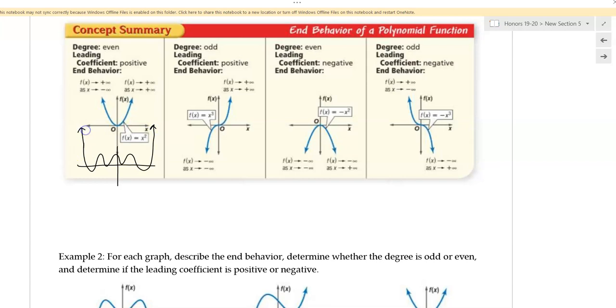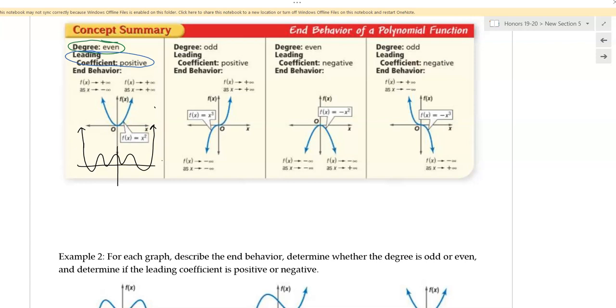I could still end up going up forever in both directions, okay? And these two graphs are gonna share some properties, and those properties are your degree is even, and your leading coefficient is positive.